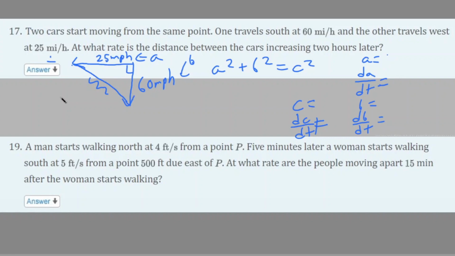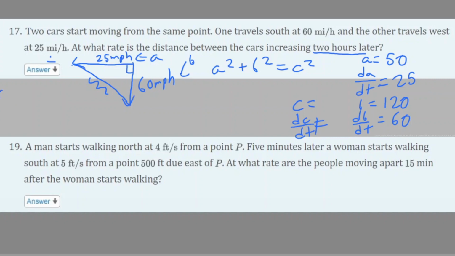So let's write down what we know. We're basing this all off the 2 hour mark. A at the 2 hour mark is going to be 25 times 2, that's 50. dA/dt, we're given, is 25 miles per hour. B is going to be equal to 120, because 60 times 2. And then dB/dt is 60. Now C we have to figure out using the hypotenuse formula.